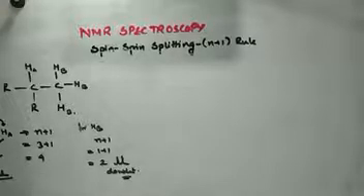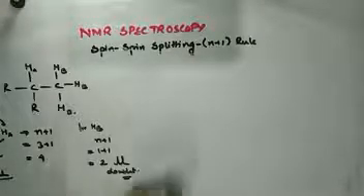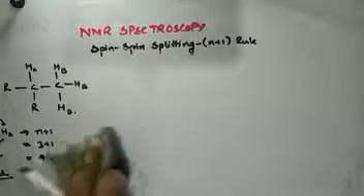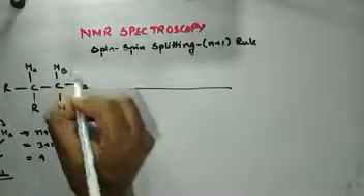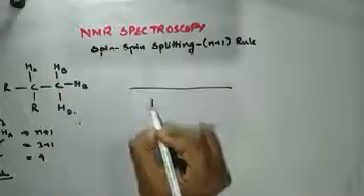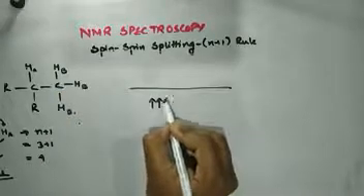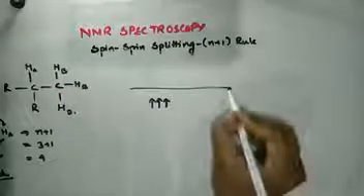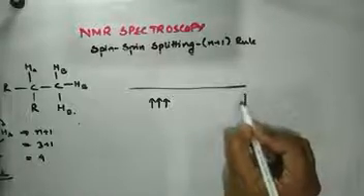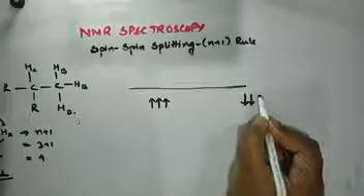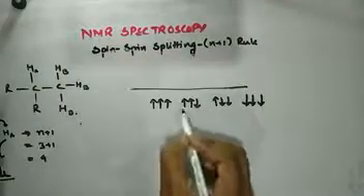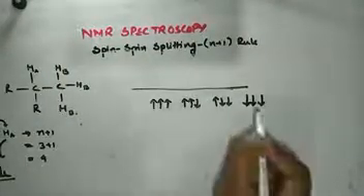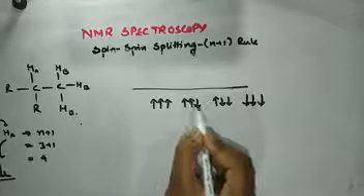Now let us see how the quartet peak appears in the NMR spectrum. Since we now have three nuclei, they can orient themselves with all in positive spin, all in negative spin, two in positive and one in negative, or one in positive and two in negative.